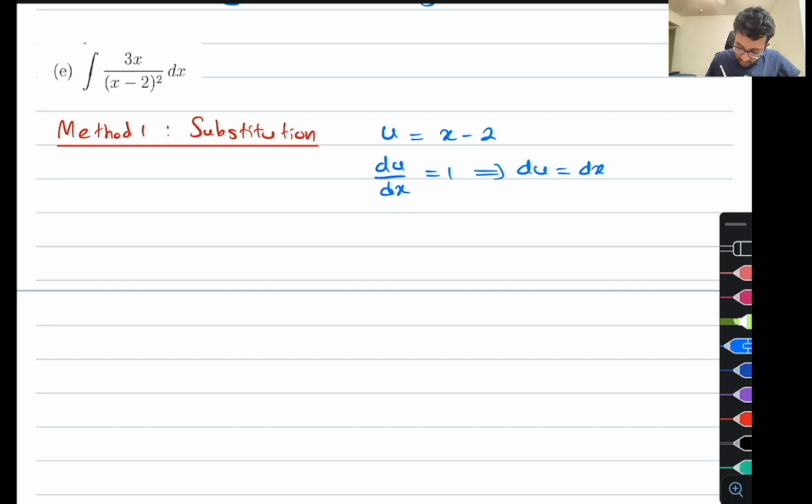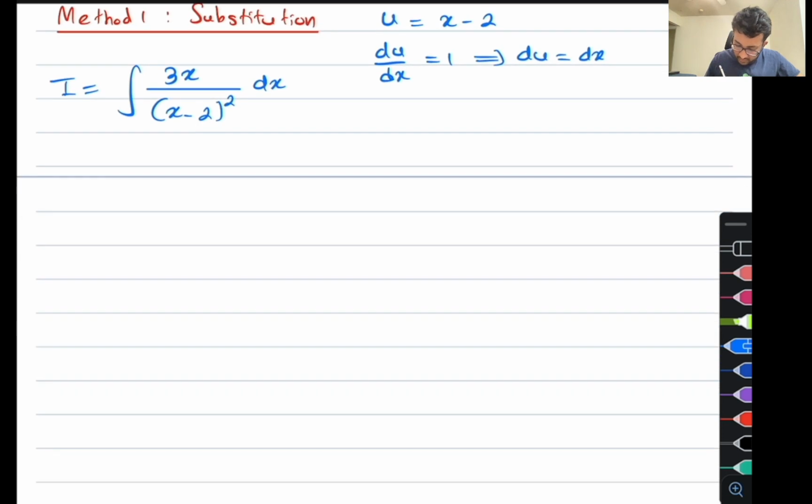Now I would come back to my integral. I is equal to the integral of 3x divided by (x minus 2) to the power 2 dx. Now I am going to use my substitution.